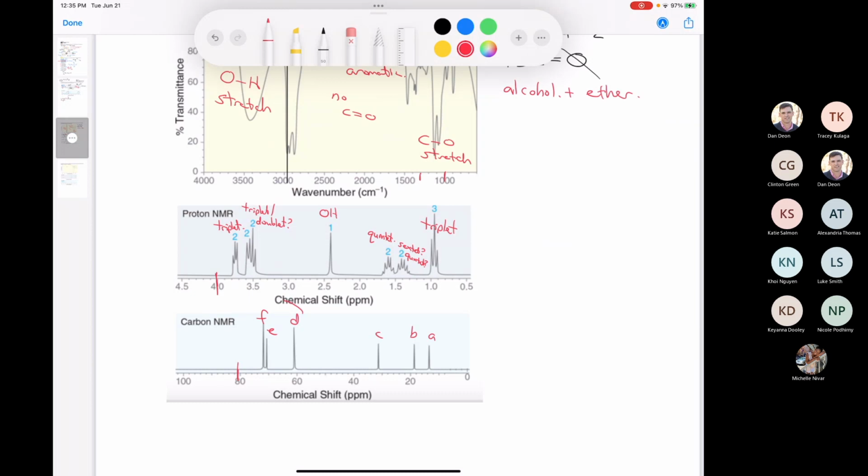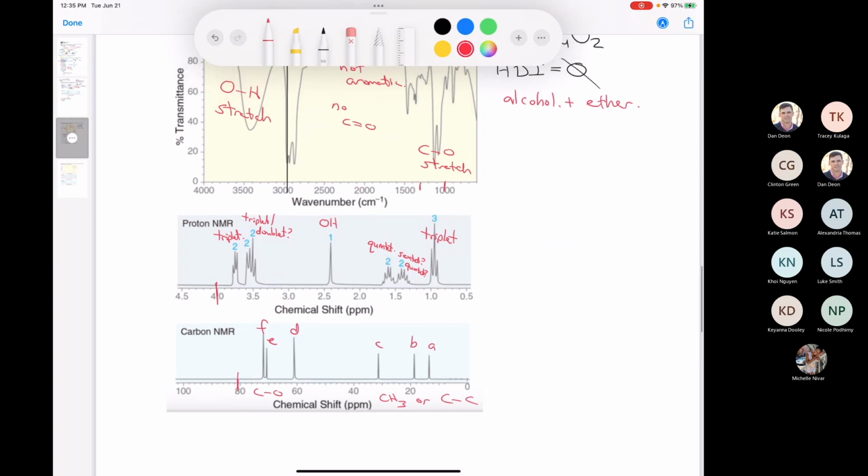It would make sense that we have 3 carbons that are attached to oxygens. These must be carbons attached to oxygen since they're so deshielded. And then these are carbons that are not attached to oxygen, so these would either be methyls or a carbon attached to another carbon. That's really the only possibility that we have here.